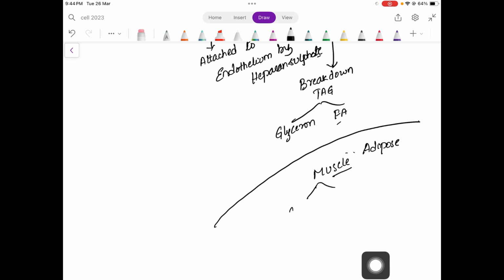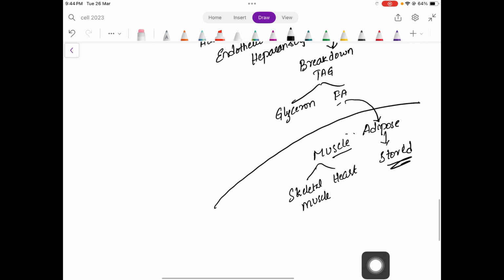It can be skeletal muscle or it can be heart. So when these fatty acids reach the adipose tissue, they are converted into triacylglycerols and stored. Whenever they reach the muscle, they are utilized for energy.